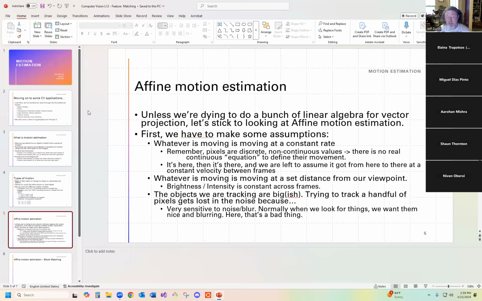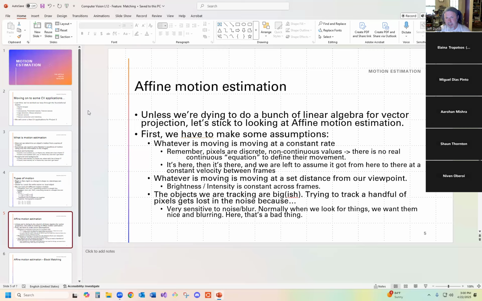Because the other thing we are looking at when we look at this type of motion estimation is that we're not predicting frame 1 to frame n. We are always working from frame 1 to frame 2, frame 2 to frame 3, right? Unlike traditional motion in the real world, there's no history, unless you want to put the work in. Where it is in frame 10 has nothing to do with where it was in frame 1, right?